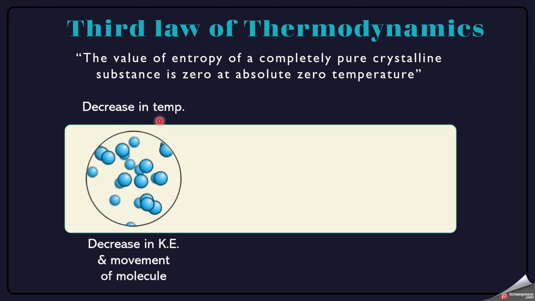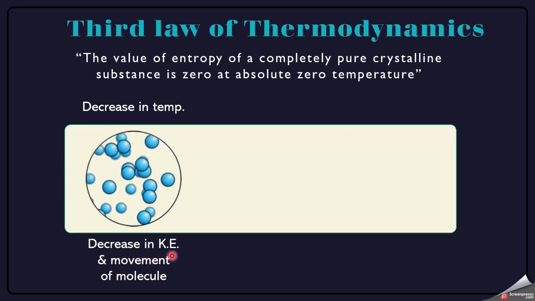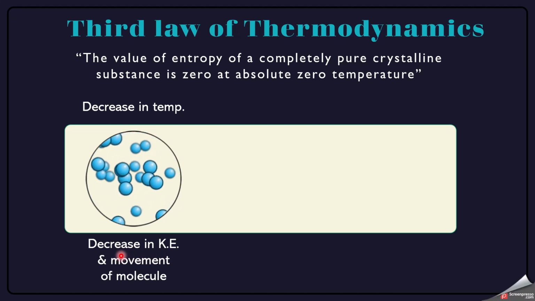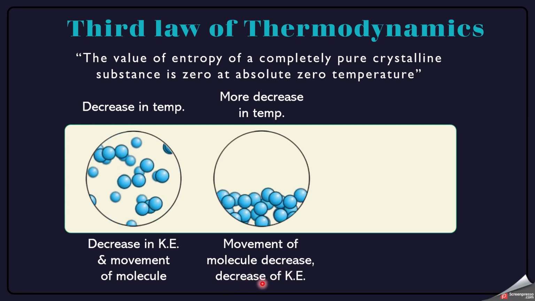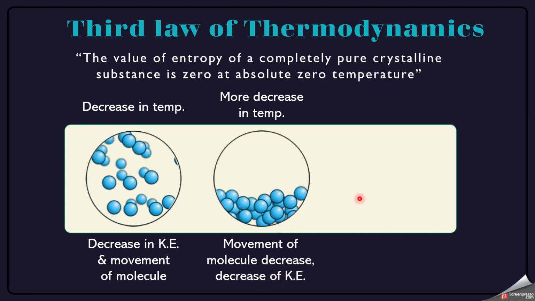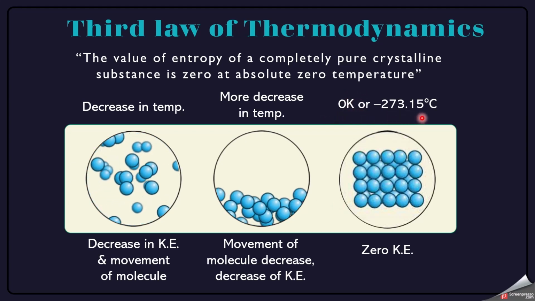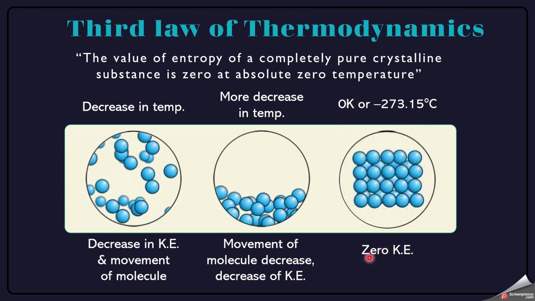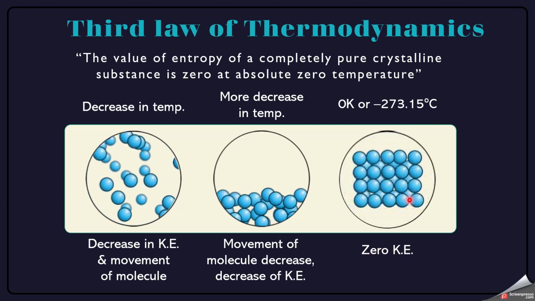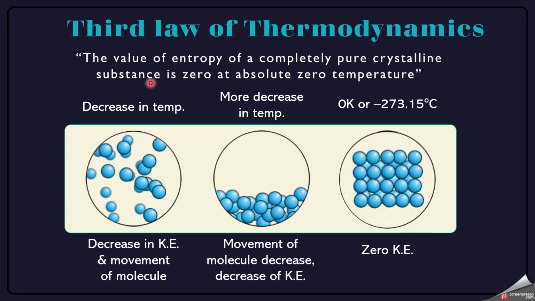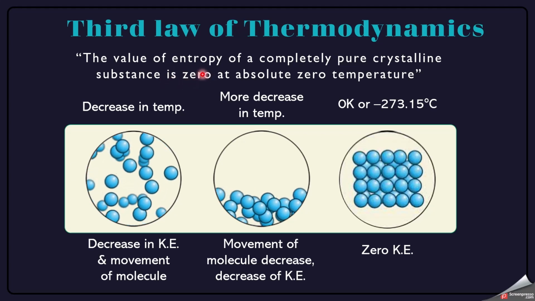If we decrease the temperature of the system, then the molecules' movement will decrease along with the decrease in kinetic energy. If we decrease the temperature further, the molecules' movement and kinetic energy decrease further. Continuously, the temperature is decreased till 0 Kelvin or minus 273.15 degrees Celsius, then the molecules do not move, becoming static with zero kinetic energy. Since there is no movement in the molecules, the entropy is 0.